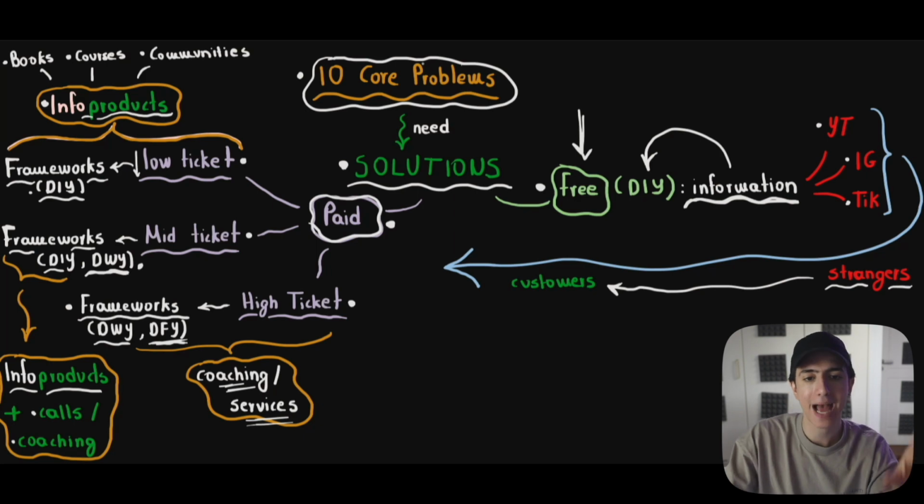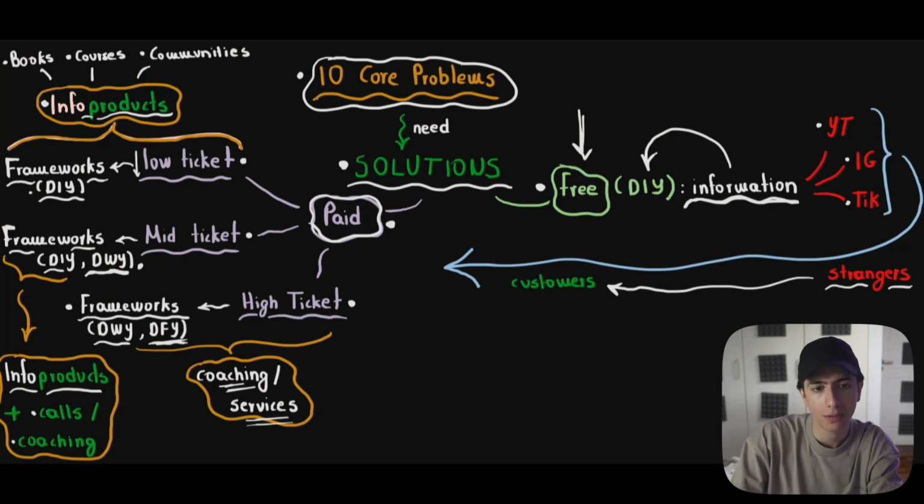And now let's apply this to the example that I gave with the breathing techniques for investment bankers. And you're going to see something very, very interesting. So, if, for example, my target avatar was an investment banker that had stress, and we want to solve the problems with breathing techniques, we would start with the free solution.